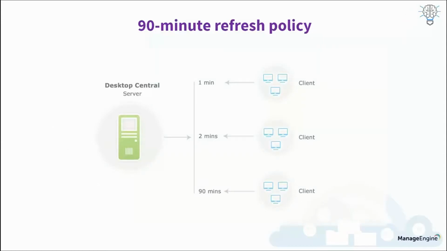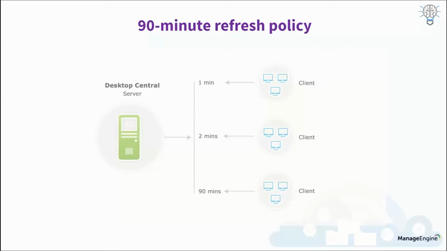Then we have a 90 minutes refresh policy. So Desktop Central can scale small as well as large networks using our 90 minutes refresh policy. So what is the 90 minutes refresh policy? Every time, the agent communicates with Desktop Central once in 90 minutes. So every 90 minutes, the agent on the other end communicates to Desktop Central and gets the instructions.